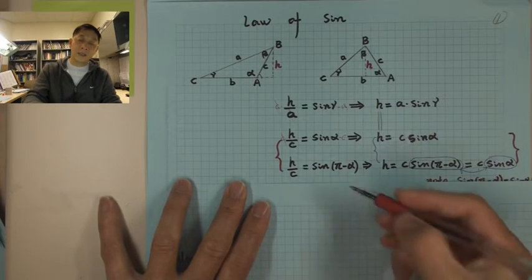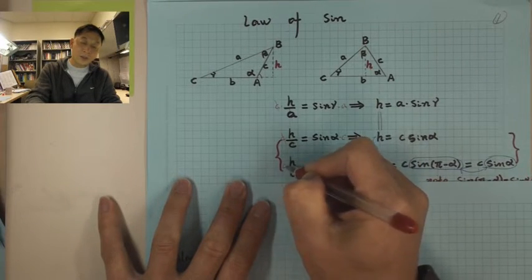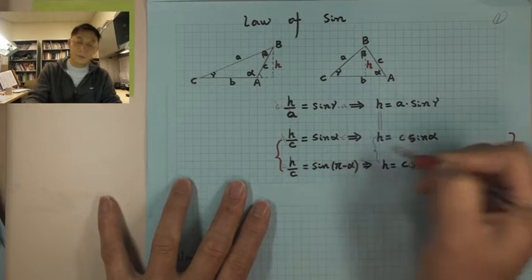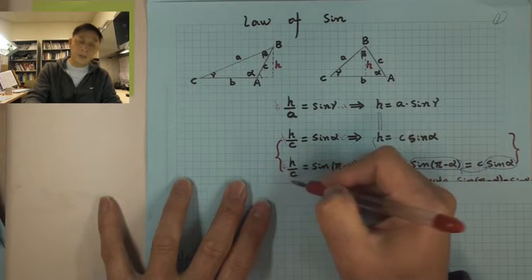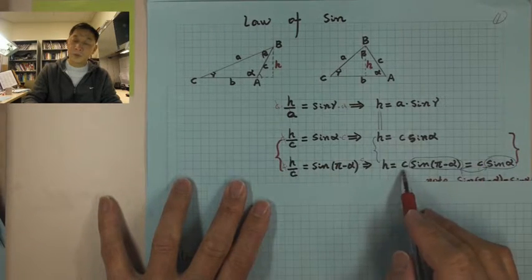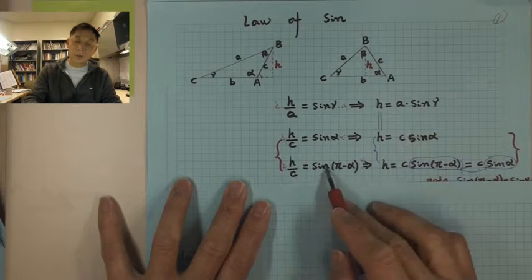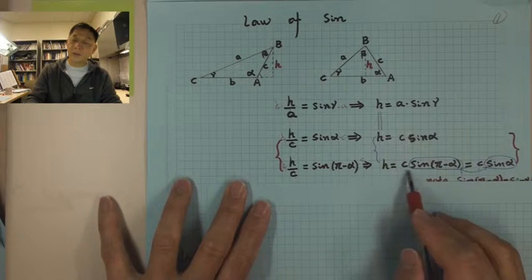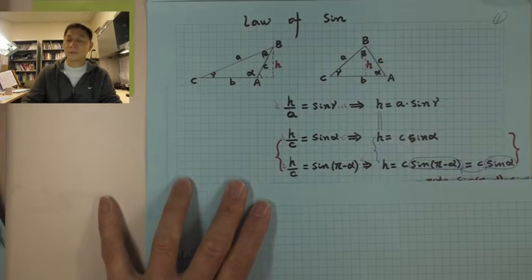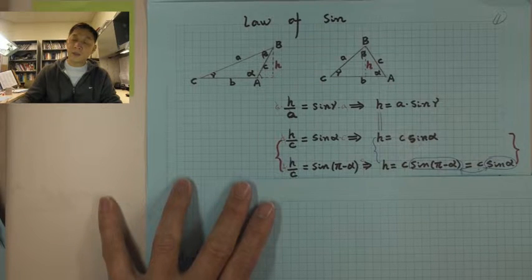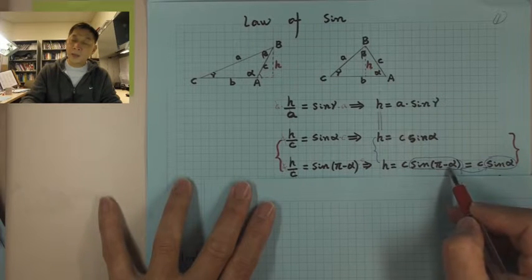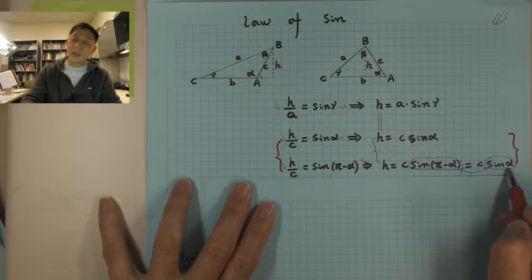Both sides times C, you can cancel this C, so H equals C times sine pi minus alpha. Actually, sine pi minus alpha equals sine alpha.